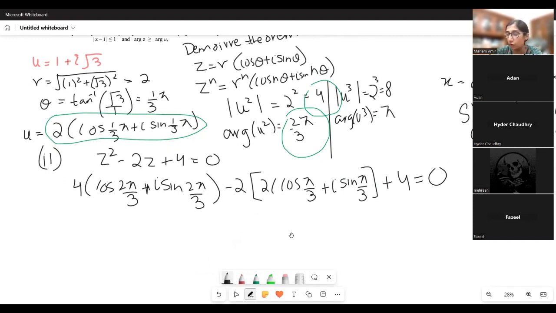4 times cos 2 pi by 3 minus 4 times cos pi by 3. I'm writing the real parts together.